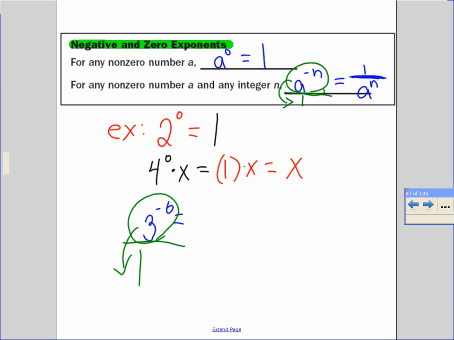When you move it, it becomes 1 over 3 to the positive 6th power. All we're going to do today is make it positive when you switch it to the other side. They are equivalent. 3 to the negative 6th is the same thing as 1 over 3 to the 6th. You never leave your answer with negative exponents, ever.